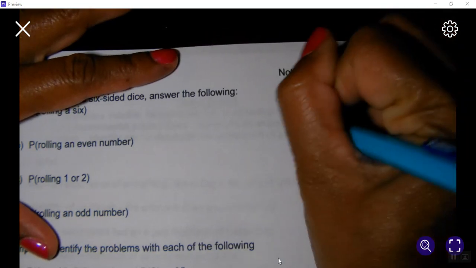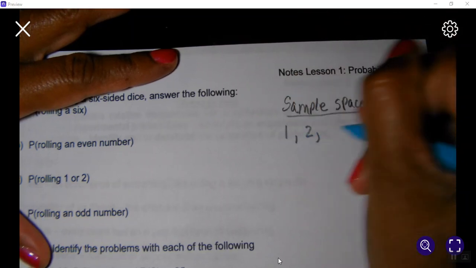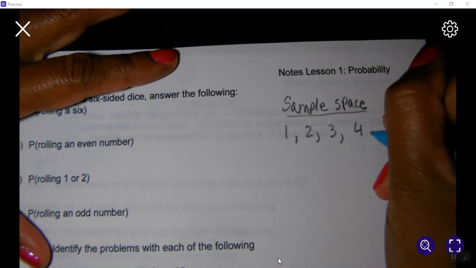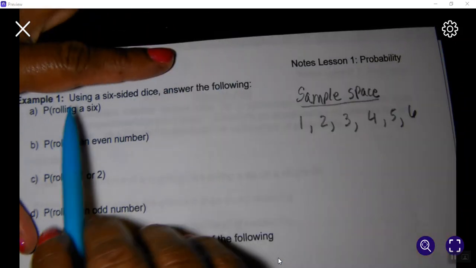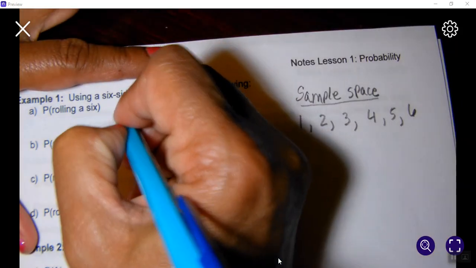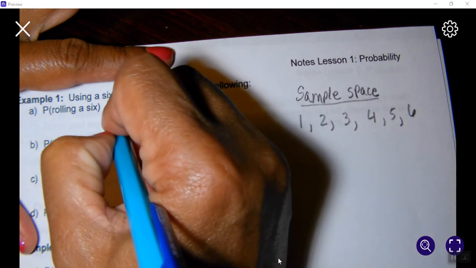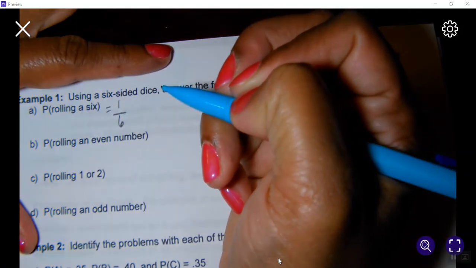So the sample space for rolling a dice is, you can roll a 1, 2, 3, 4, 5, and 6. So if we want to roll a 6, there's only one 6, and the total number in the sample space is 6 places, so 1 out of 6.